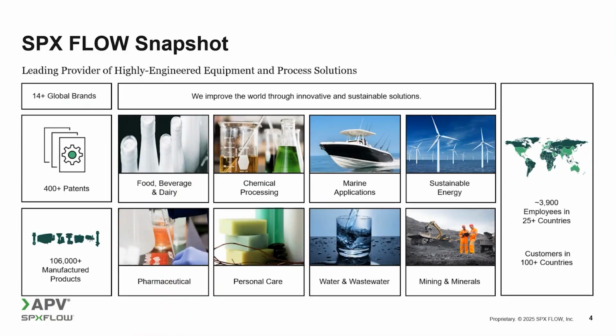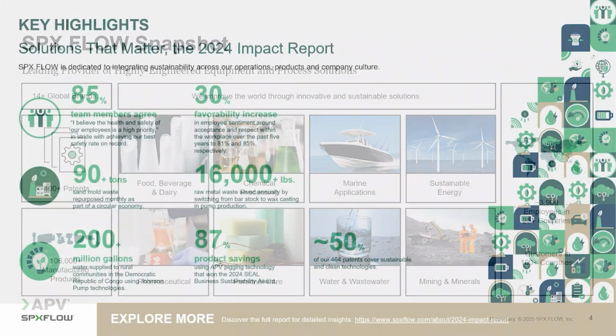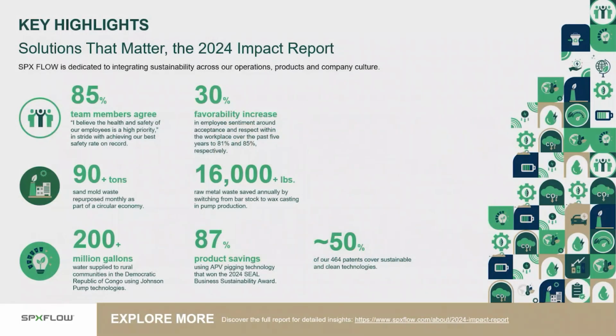SPX FLOW is a leading provider of highly engineered equipment, and we also do process solutions. Within SPX FLOW, we include more than 14 brands and around 106,000 manufactured products spanning numerous industries. Our team is committed to sustainable solutions that positively impact our communities.